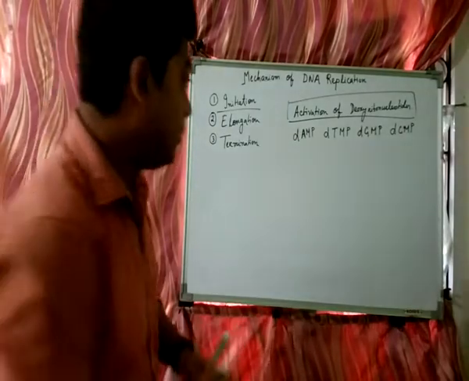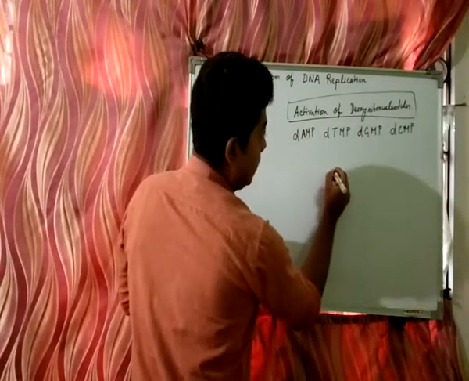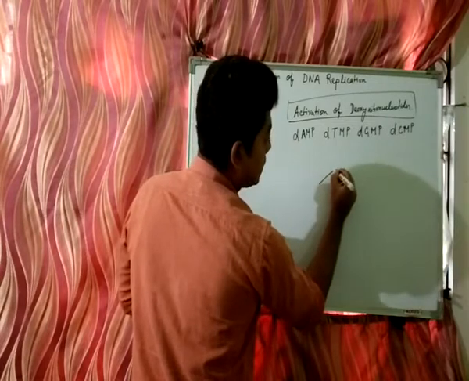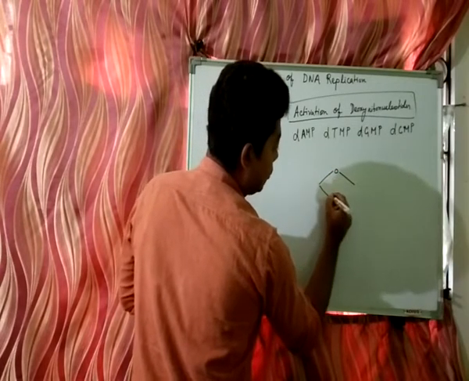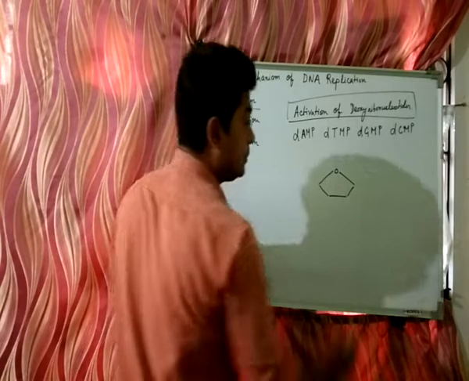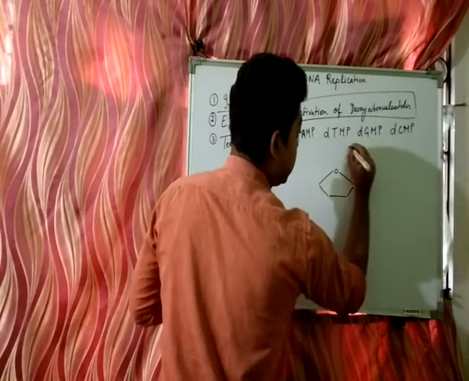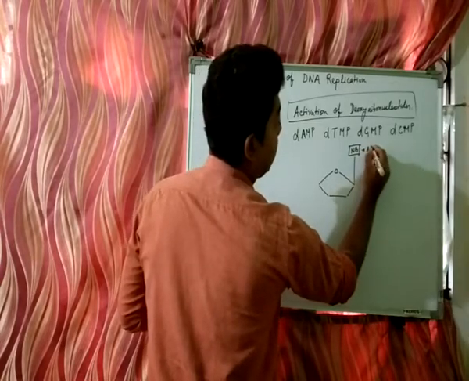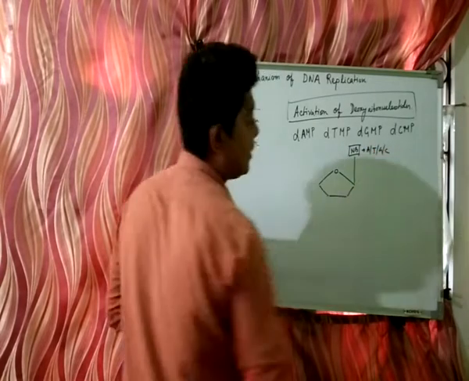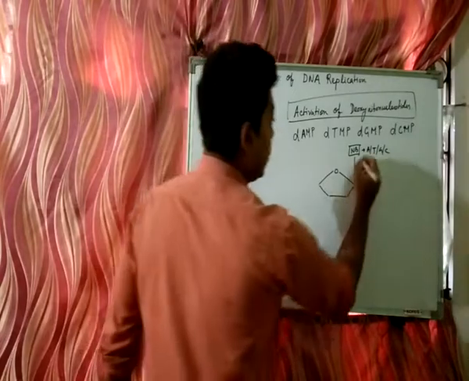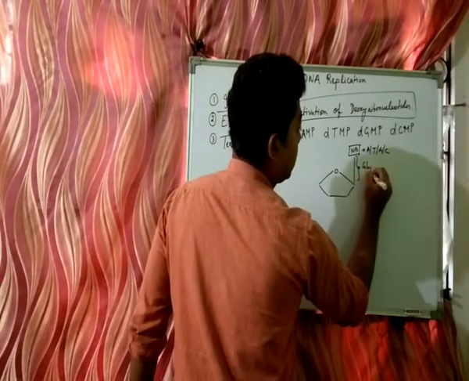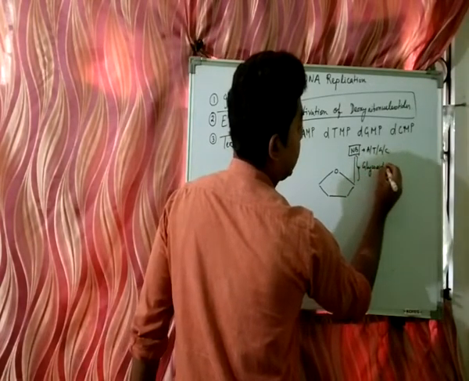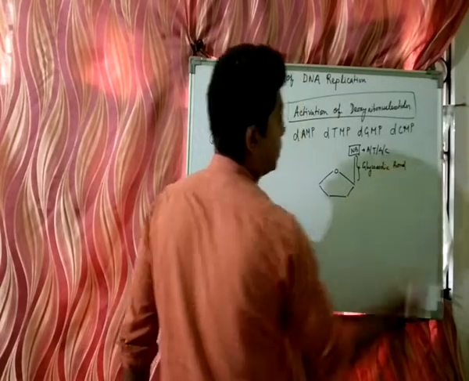So how do they bind? In nucleotides, you know that one sugar is there, and a nitrogenous base is joined, which may be adenine, thymine, guanine, or cytosine. This is joined with the help of a glycosidic bond.